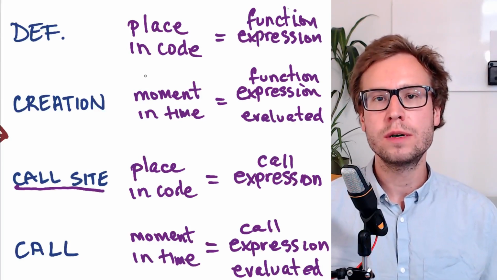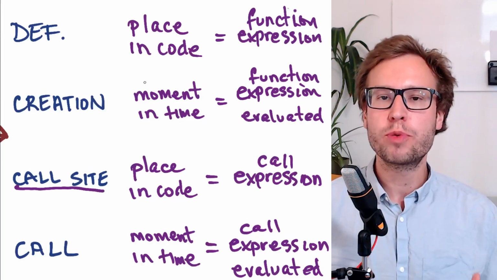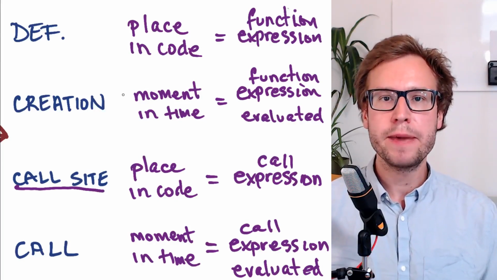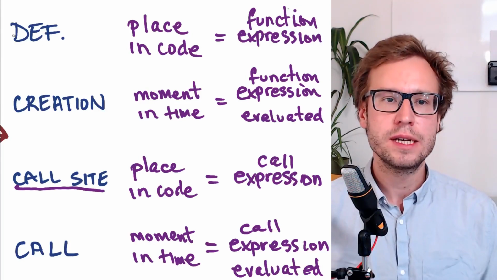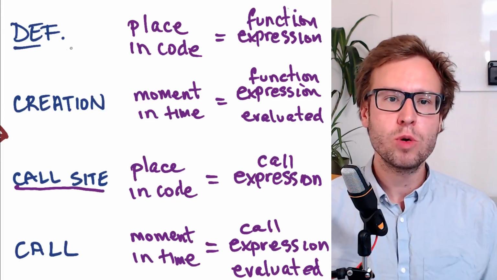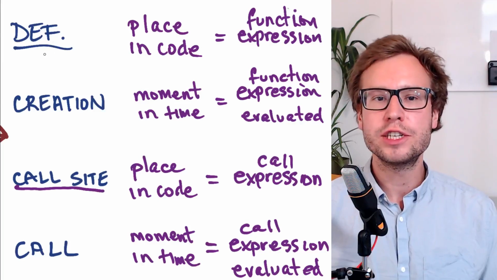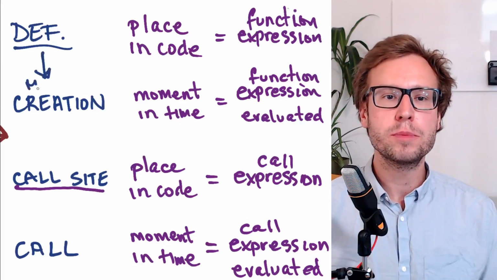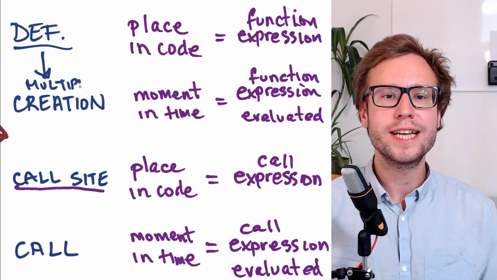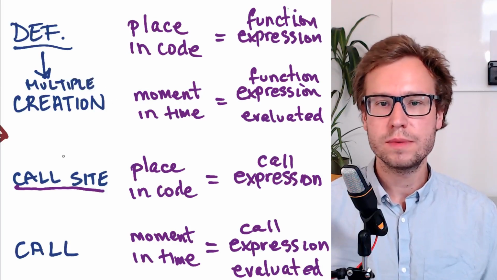These four elements, four principles really, make up the life cycle of a function. And as we explored, there may be one definition which leads to multiple creation instances.